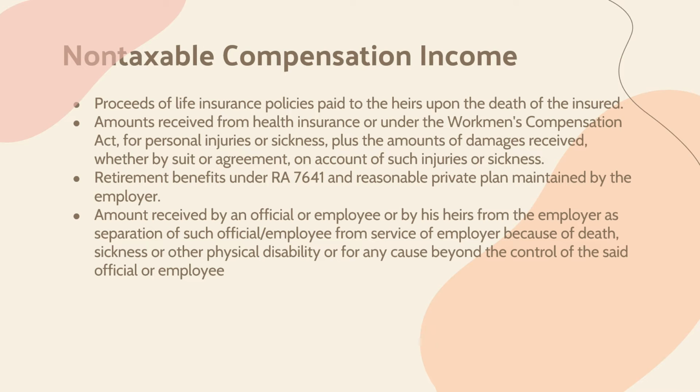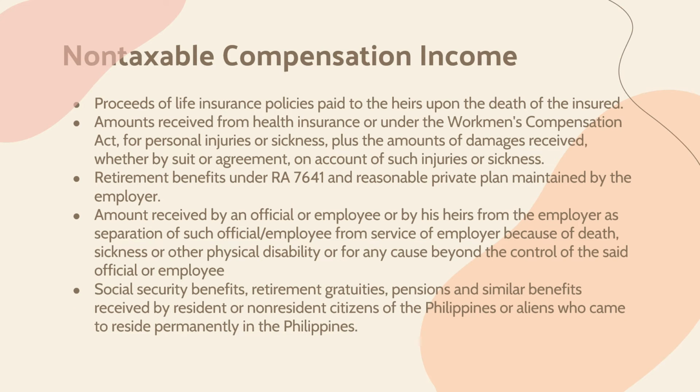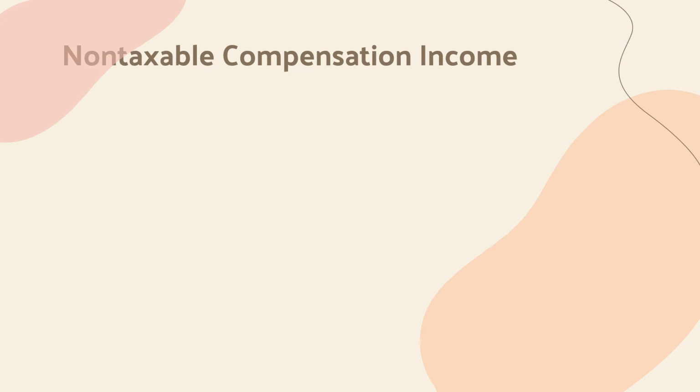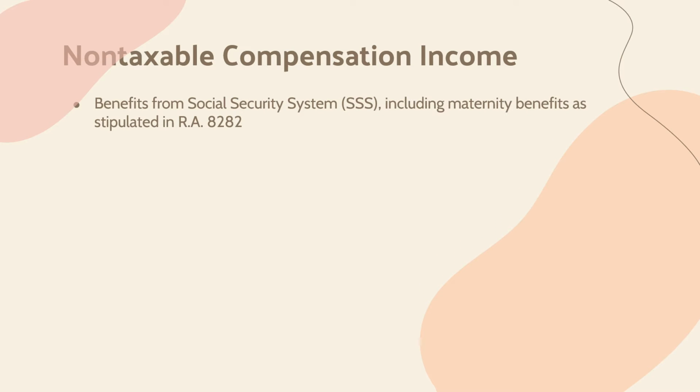Number 9, social security benefits, retirement gratuities, pensions, and similar benefits received by resident or non-resident citizens of the Philippines or aliens who came to reside permanently in the Philippines. Number 10, benefits from the Social Security System or SSS, including maternity benefits as stipulated in RA 8282.